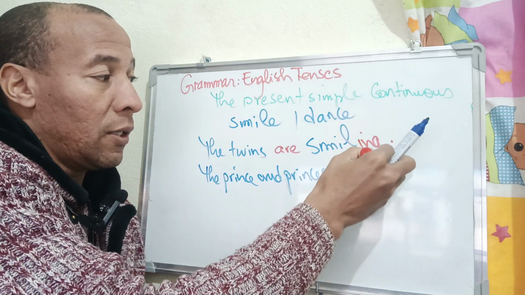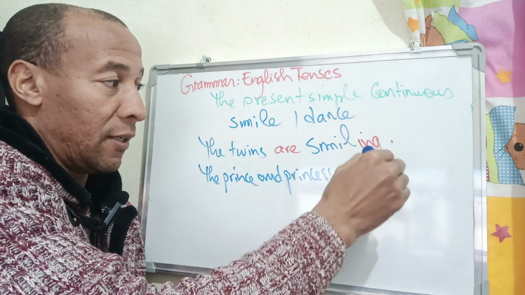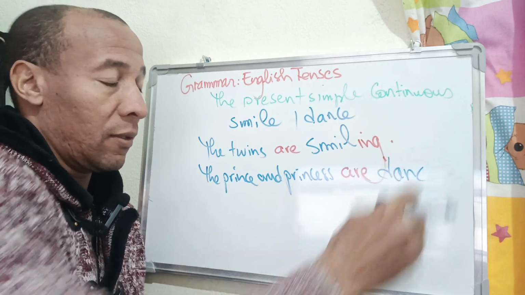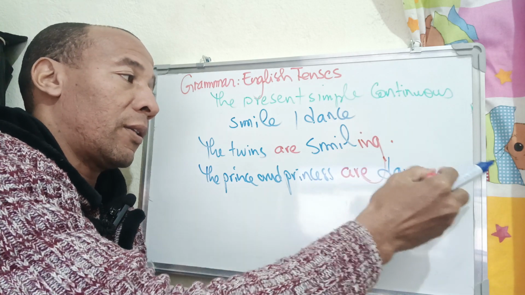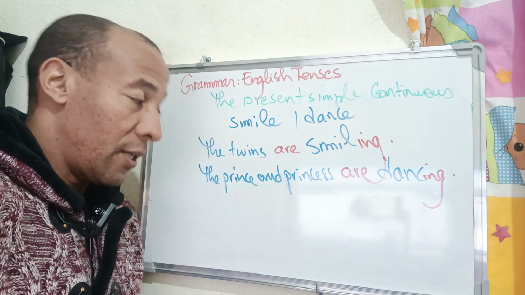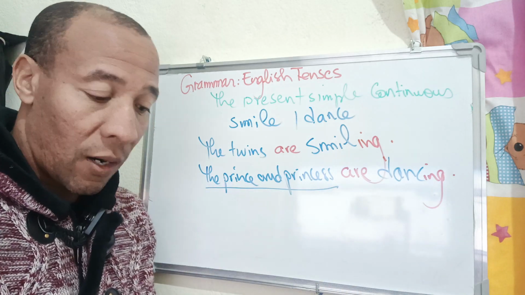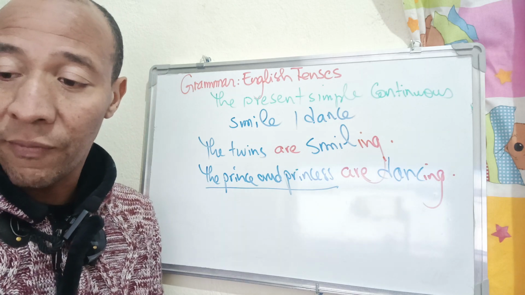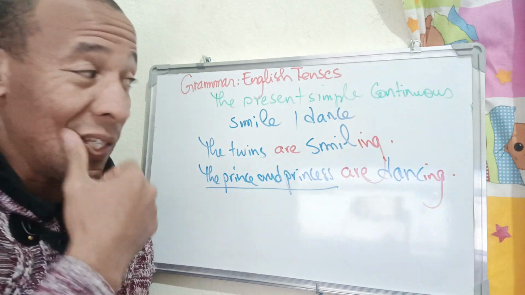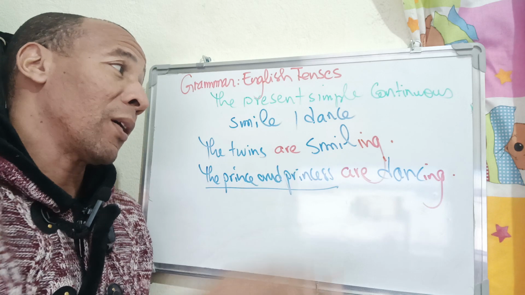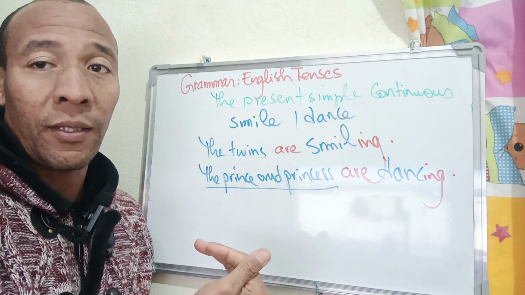So are dancing. So they are dancing. So the prince and the princess are dancing. Very good. So as you can see, دابا غنشوفوا نستخرجوا القاعدة.